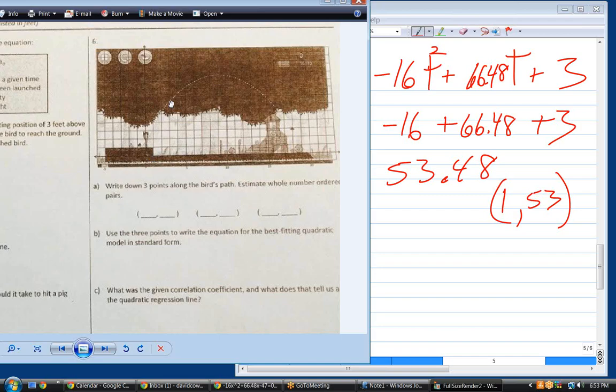So pick 3 points that are reasonably close to whole numbers. In other words, there's a whole number on both grid lines. It's awful hard to read this grid when they put all this garbage in the background. Yeah. I said 0, 4 for 1 point. Is that right here? Down 1.